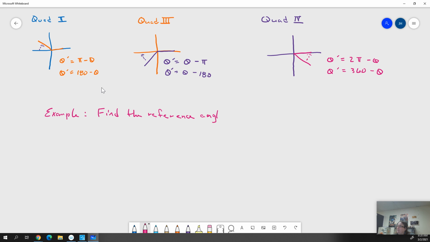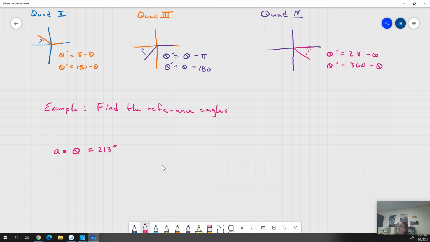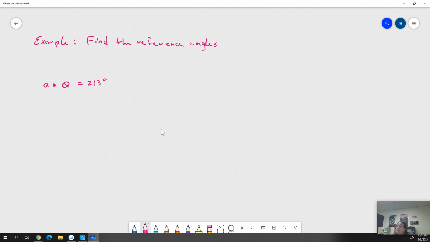So let's look at A. It gives us theta equals 213 degrees. So we're going to start with degrees. So we need to know, where does this 213 degrees lie? Which quadrant holds our 213 degrees?